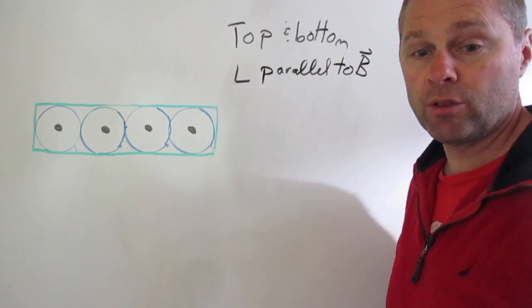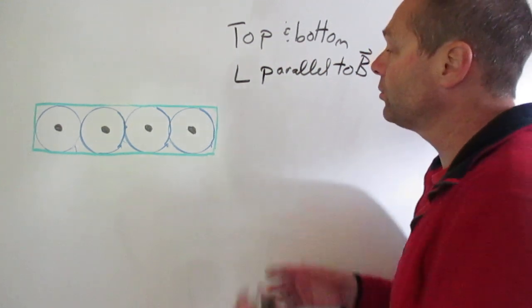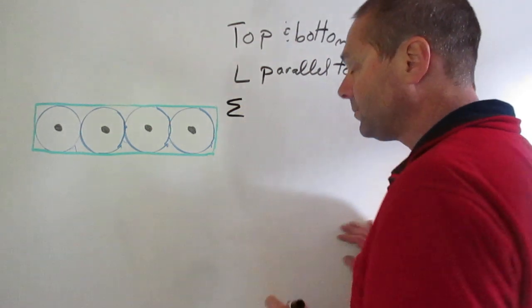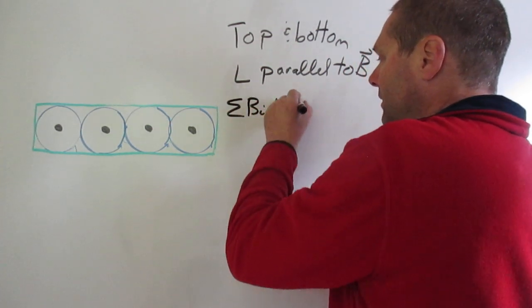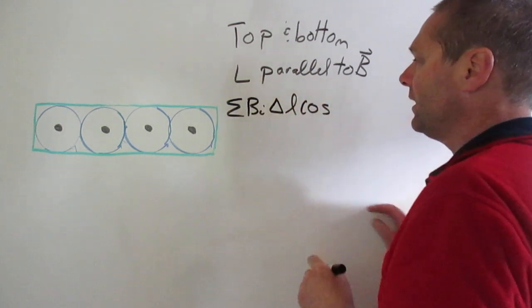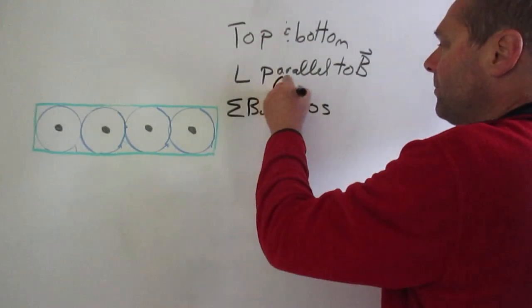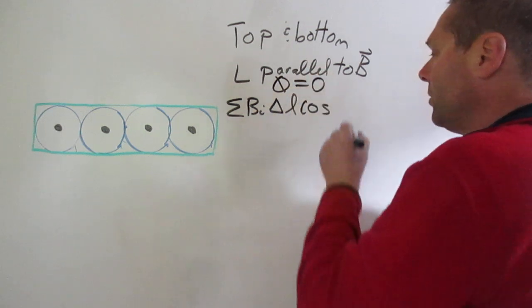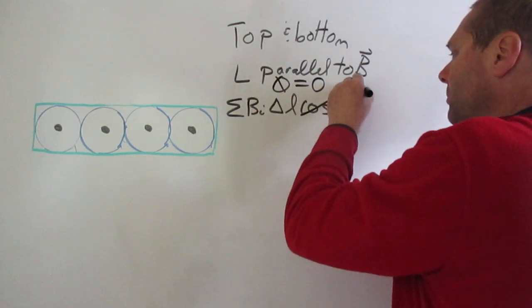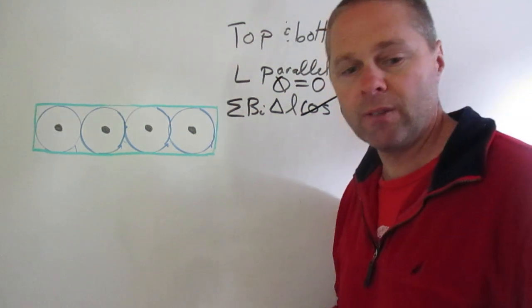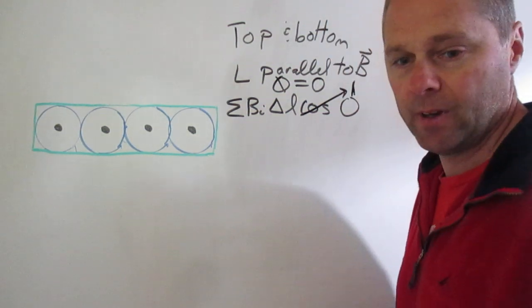All right. So we apply this into Ampere's law, B delta L cosine phi. Now since it's parallel, our phi is equal to 0. The cosine of 0 is going to be 1.